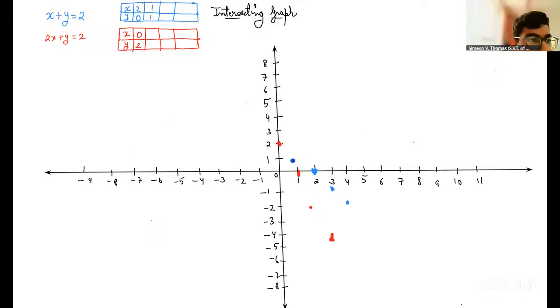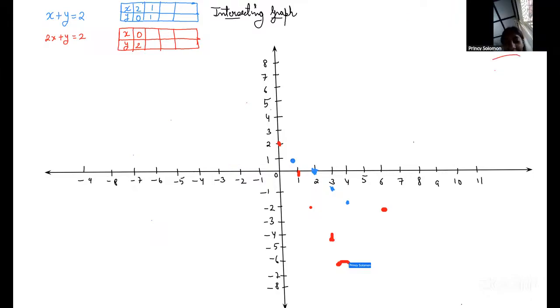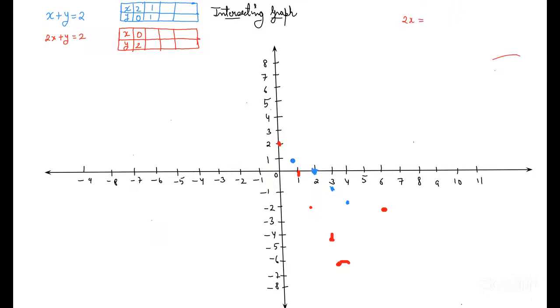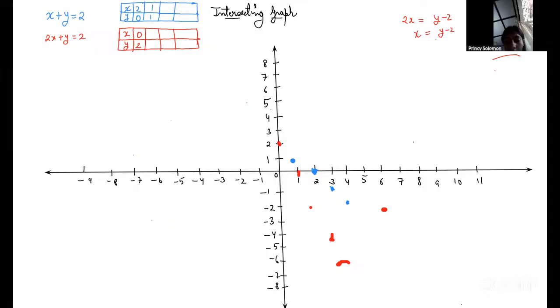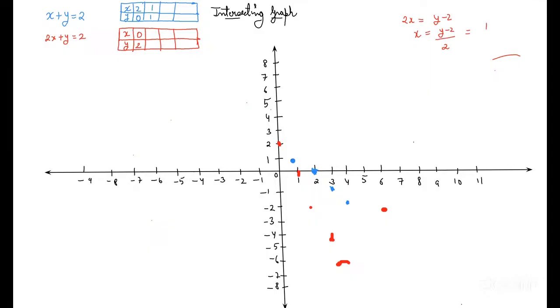Sir, if y is substituted for 1, then I should get x as 0.5, right? Yeah, just give me a second. Minus 1 by 2, beta. See, Simeon, if you do 1 minus 2 upon 2, it will become minus 1 by 2, which is minus 0.5. That's why you're getting it wrong.